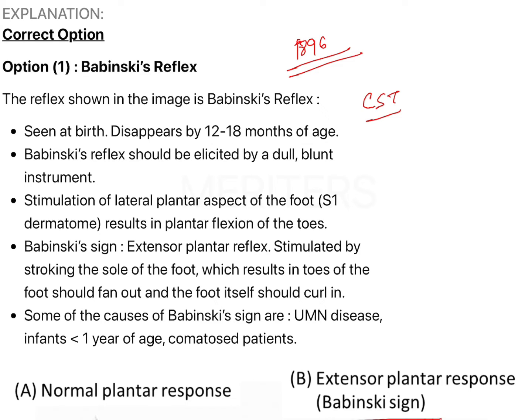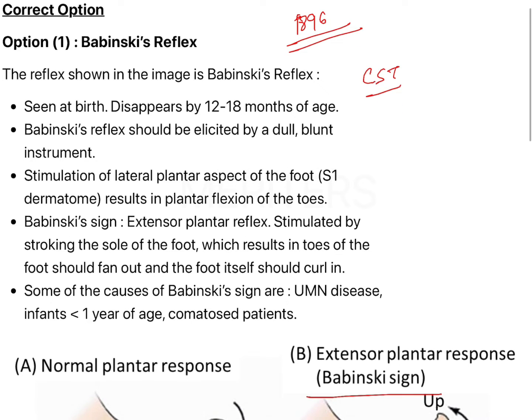So fibers from your corticospinal tract will synapse with your alpha motor neuron in the spinal cord, and it will help in direct motor function. The CST is considered an upper motor neuron and the alpha motor neuron is considered a lower motor neuron. So damage anywhere along the CST can result in the presence of a Babinski sign.